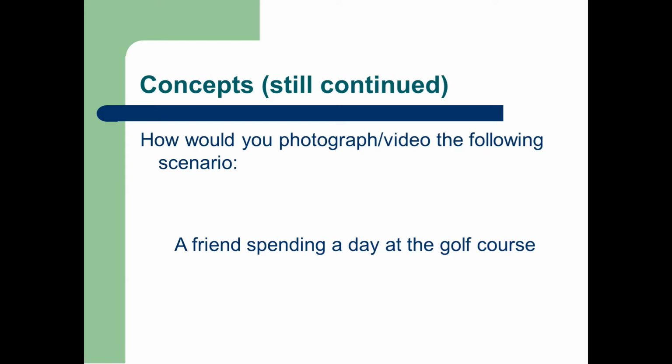You show him swinging back the club. You take another shot of him looking out at the distance, and then another shot of him swinging and hitting the ball, another shot following the ball, hopefully to the hole. Then if he didn't get to the hole, you can take another shot of him putting to the hole, then getting into the golf cart and going on.